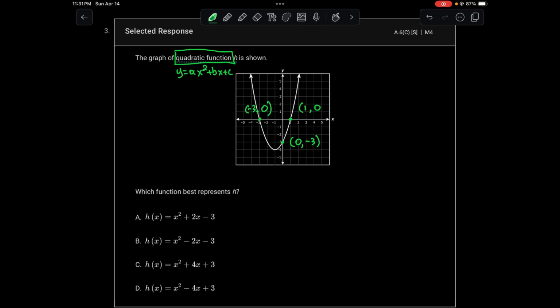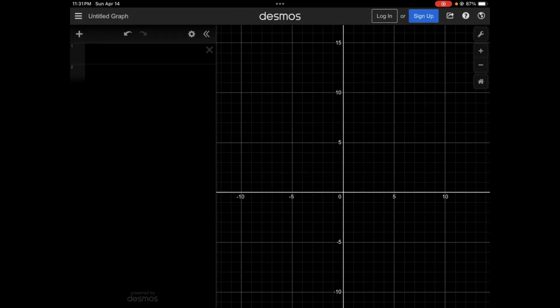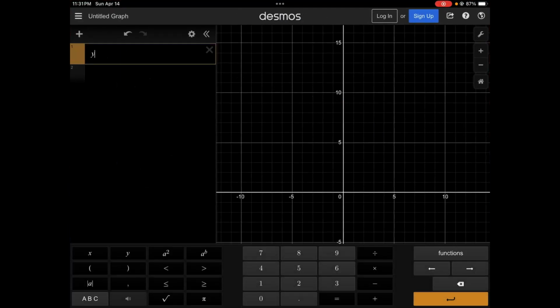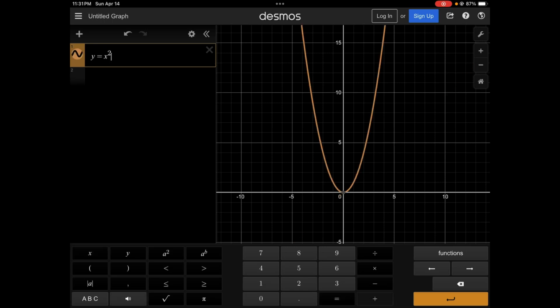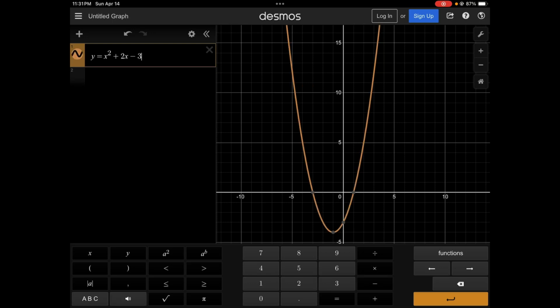Alright, we'll go one by one. Let's start with the first one and see if we find it good. If not, we go to the next one and so on. y equals x squared plus 2x minus 3.